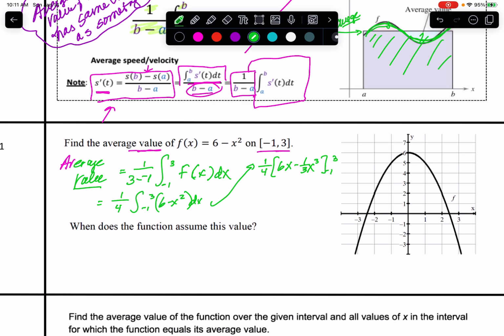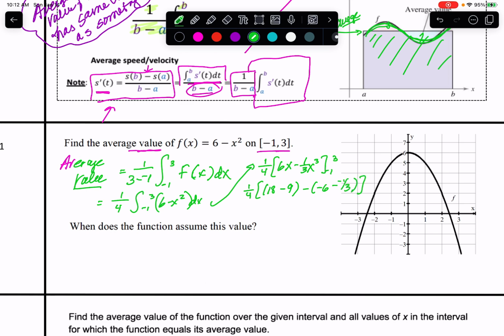So this is not a very nice one, but let's get what we have. We have 1/4, and then we're going to have two pieces. So we're going to have 18 minus, this would be 27 over 3, so 18 minus 9 for the 3, minus, and then it would be negative 6 minus negative 1/3.